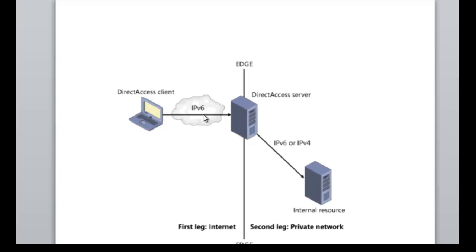We know that IP version 6 is not widely implemented yet on public networks. So we're going to look at 3 IP version 6 transition technologies that are used to assist in establishing the IP version 6 connection to the DirectAccess server.